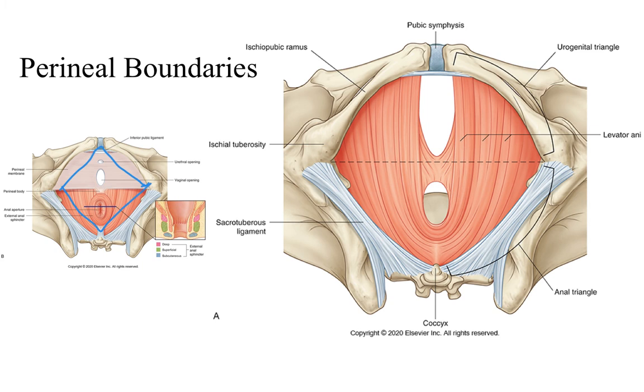And so the borders, of course, would be the bones that make up the pubic symphysis, the ligaments between the ischium and the sacrum here, the coccyx posteriorly, and then superiorly, of course, the pelvic floor, which consists of the perineal membrane, deep perineal pouch, as well as the levator ani muscles and the external anal sphincter. Then, of course, inferior to that would be the skin and fascia that round out the area.